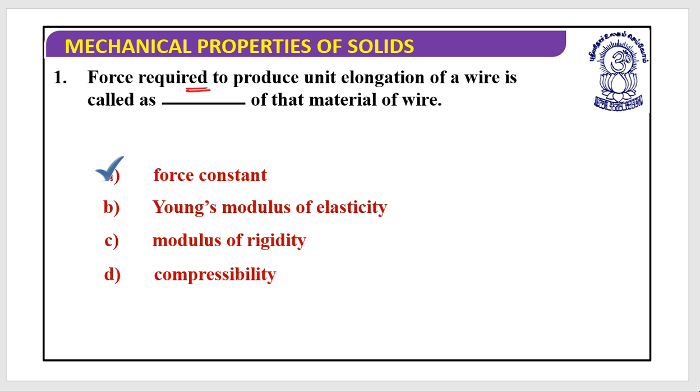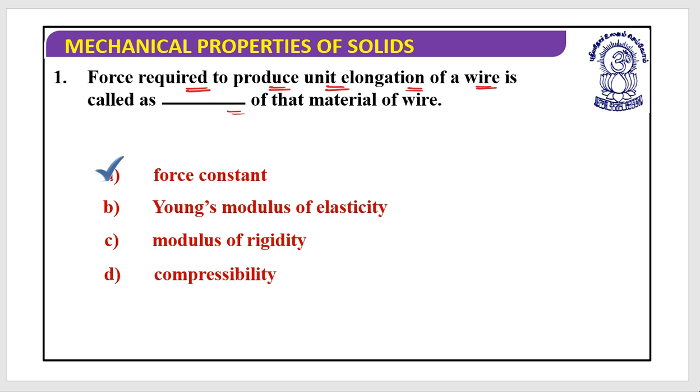The force required to produce a unit elongation of a wire is called the force constant of the material of the wire.